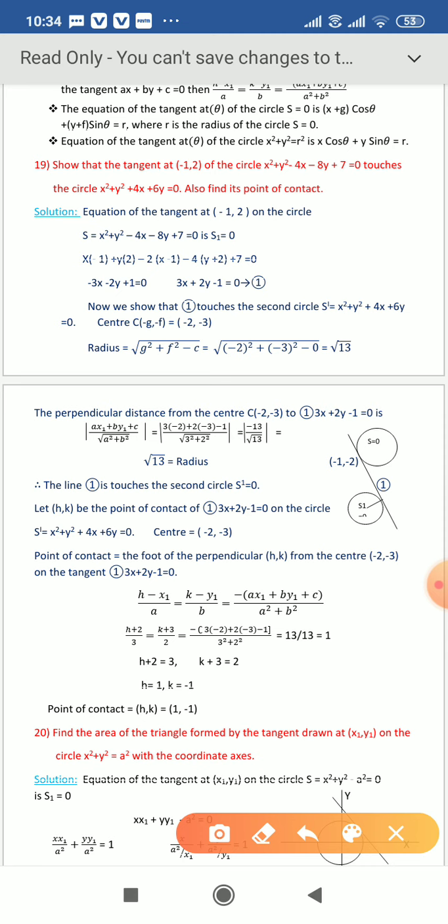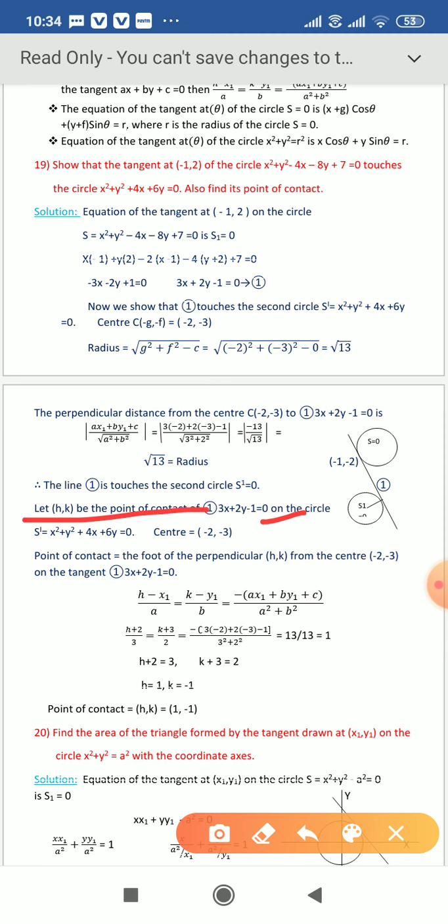Now we find the point of contact of this tangent to the second circle. You know the point of contact is nothing but the foot of the perpendicular drawn from the center. Okay, so you let that point of contact be (h, k).